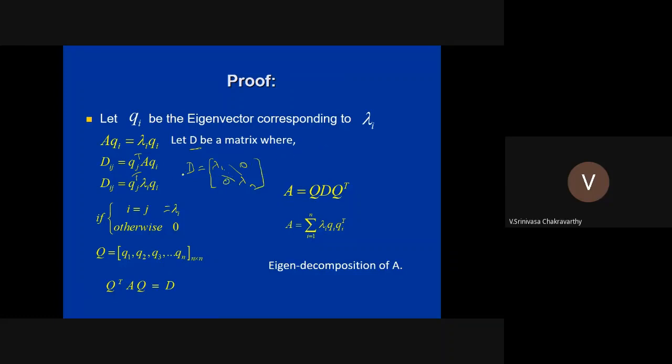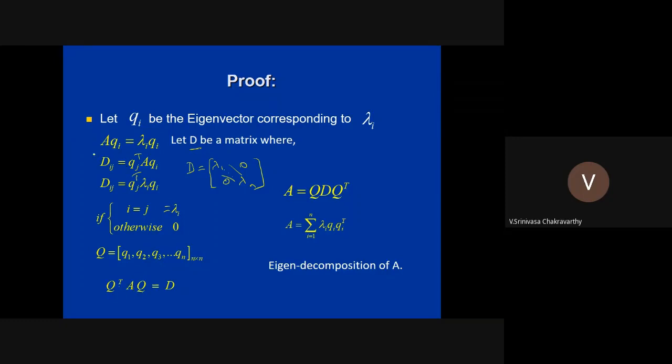Okay, and so you can construct a matrix Q using these eigenvectors, and you can easily show that such a matrix will be an orthogonal matrix, because you just multiply that matrix with the transpose of itself, and you will get an identity matrix. You can easily show that for yourself. So therefore, if you go back to this, you get Q transpose AQ.